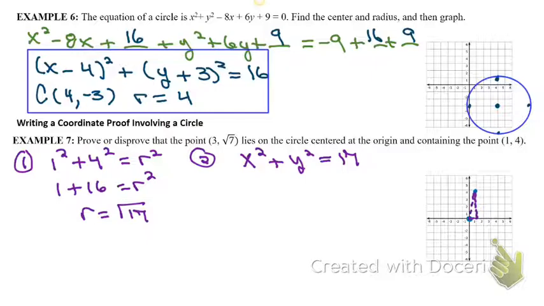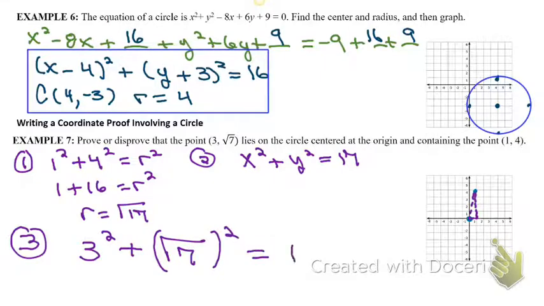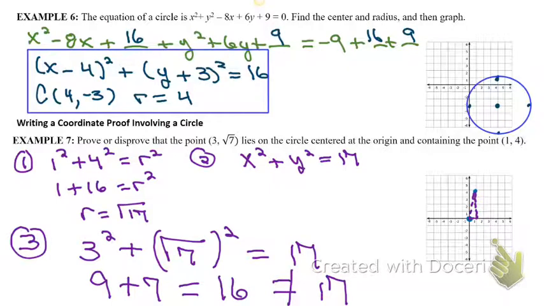We can substitute 3 for x and root 7 for y and see whether or not it fits that equation properly. And remember, when you square a square root, it's just the number underneath. Oh, looks like they're not equal. What does that tell you? So that means that the point 3, square root of 7 is not going to lie on the circle with radius square root of 17.